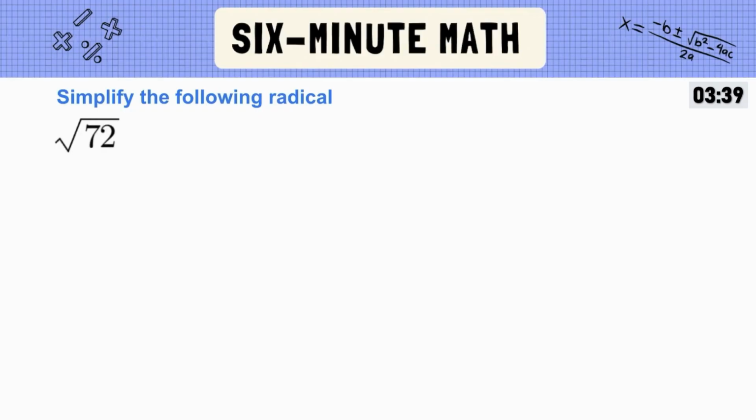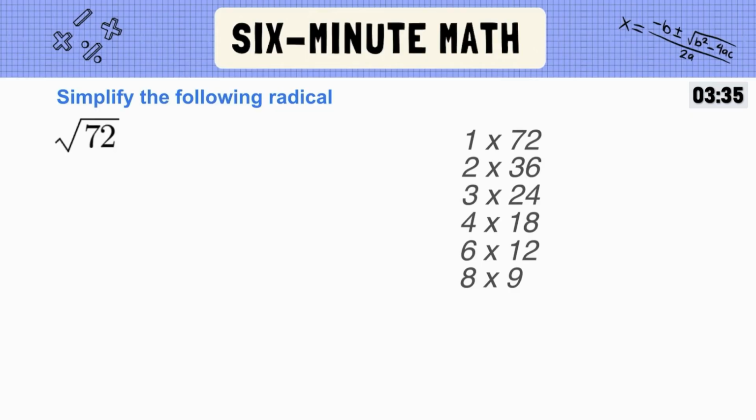On to another example. We're going to simplify root 72. And I have my factor u for 72. In this case, I have multiple perfect squares. We have 4, 9, and 36. Please remember, I always need the highest, which in this case is that 36.